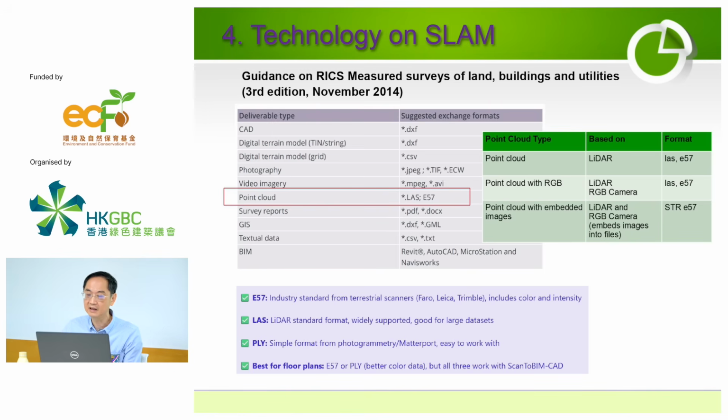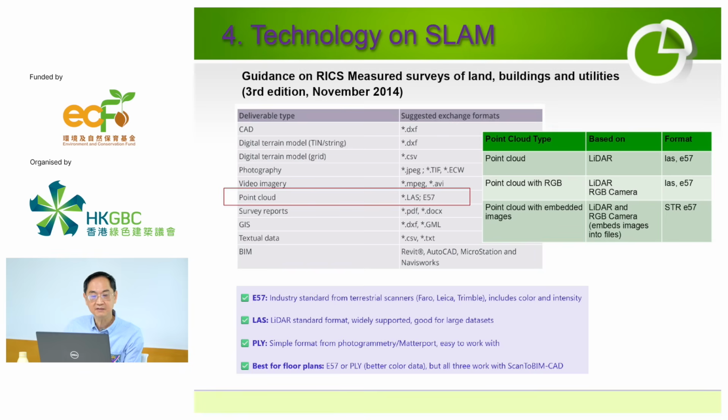As I said, new equipment normally is equipped not only with LiDAR but also an RGB camera, which can help to embed images into files. After post-processing, we will have the structured E57. If your equipment can only produce the first one, then it is very old. The second one is not too good. The latest version should have those formats.